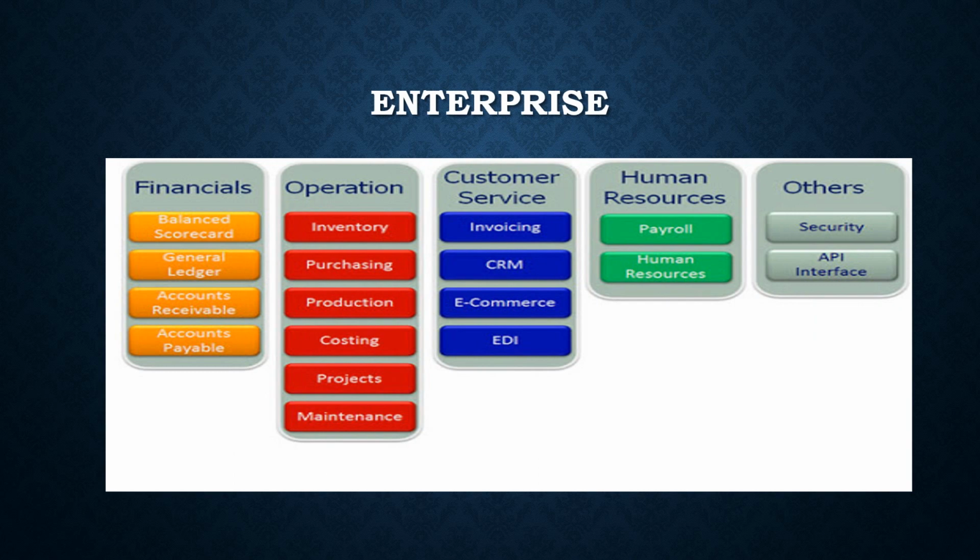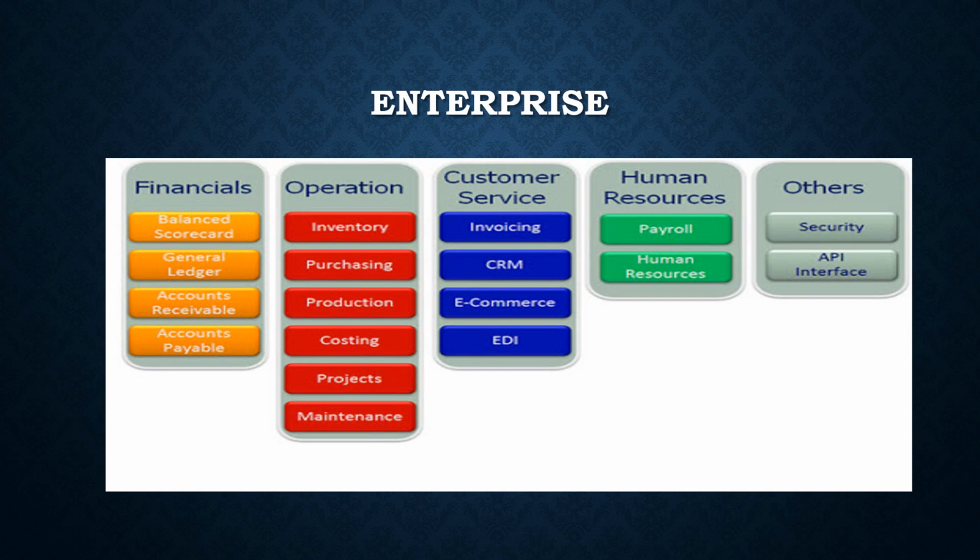Now, in the modern concept, if you want to explain the enterprise, these are the main sections: financials, operations, customer service, human resources, and others. Financials contain the balance sheet, that is the balanced scorecard, general ledger, accounts receivable, and accounts payable.